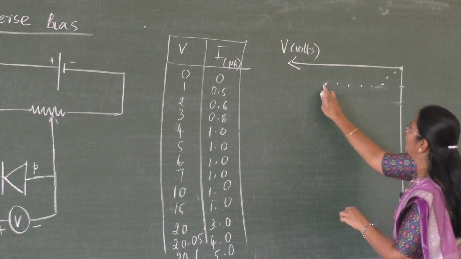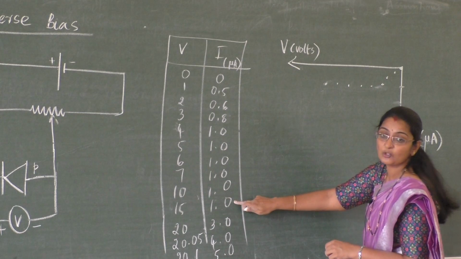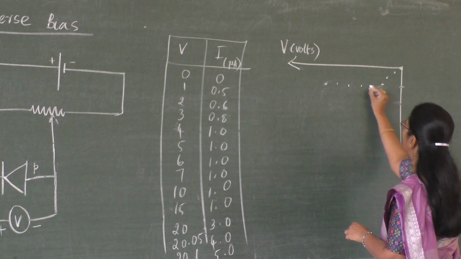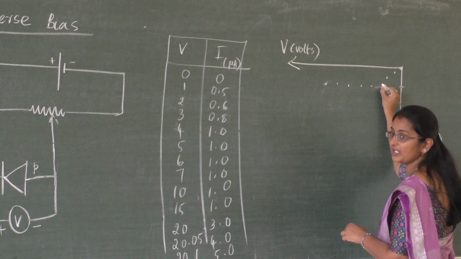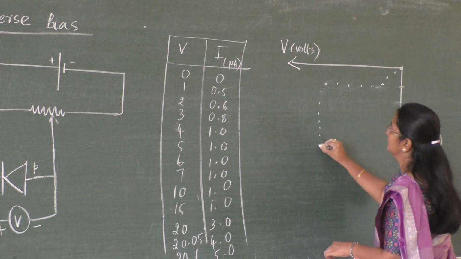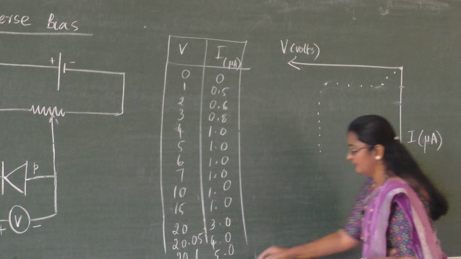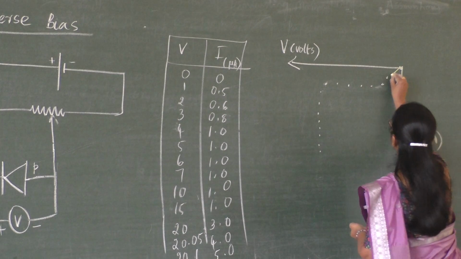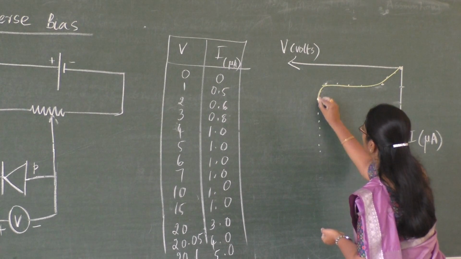Now these values of current which remain constant are called the saturation current. After this point the current increases, so I can plot the points like this. When I join this graph, it will look like this.